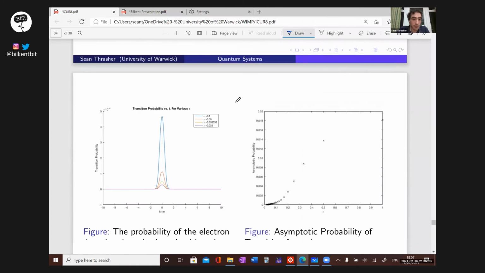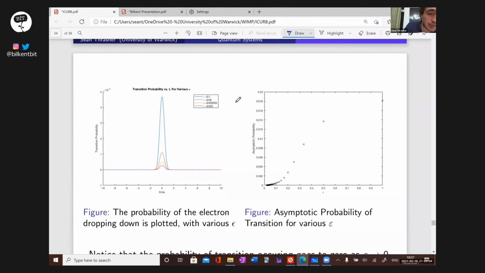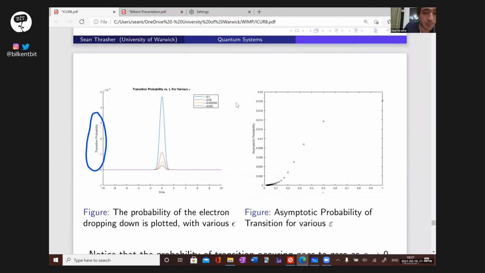And yes, you can. So I also plotted the transition probability in terms of time. Again, the assumption is that epsilon is small. Notice how tiny the probabilities actually are. So that confirms the idea of the adiabatic theory. And notice how the transition jumps at around time t equals 0, because we shake the system at around t equals 0.